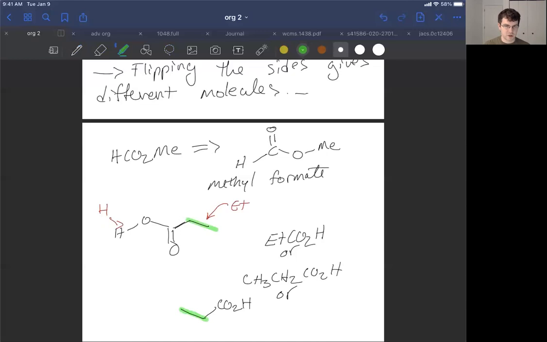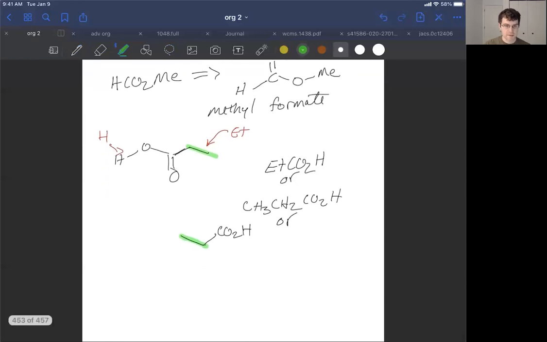That way we can just draw it, especially if you get something really complicated. Speaking of complicated carboxylic acids, let's get into dicarboxylic acids. This isn't something that's super pertinent to the chemistry we're going to be studying in this class.